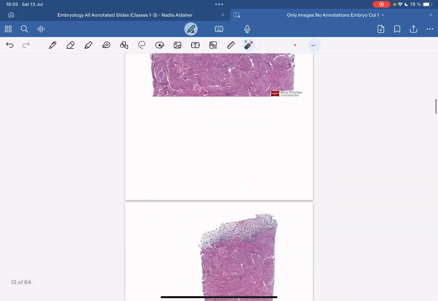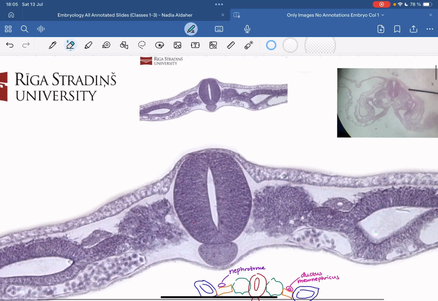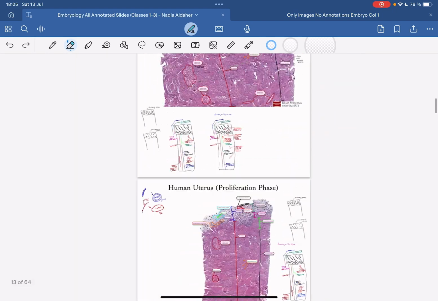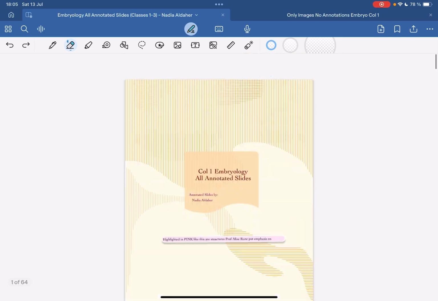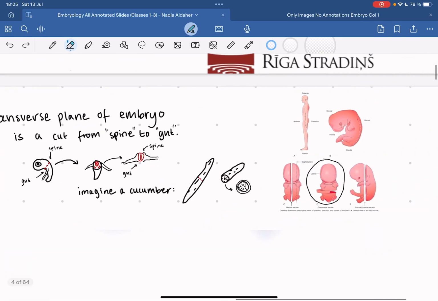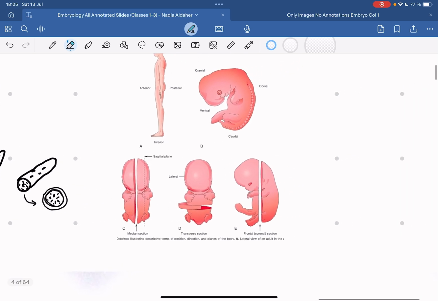So before, we were looking at this section of a human embryo, and this is a transverse section. What do I mean by that? Here we were cutting the embryo in a transverse section, like a cucumber.